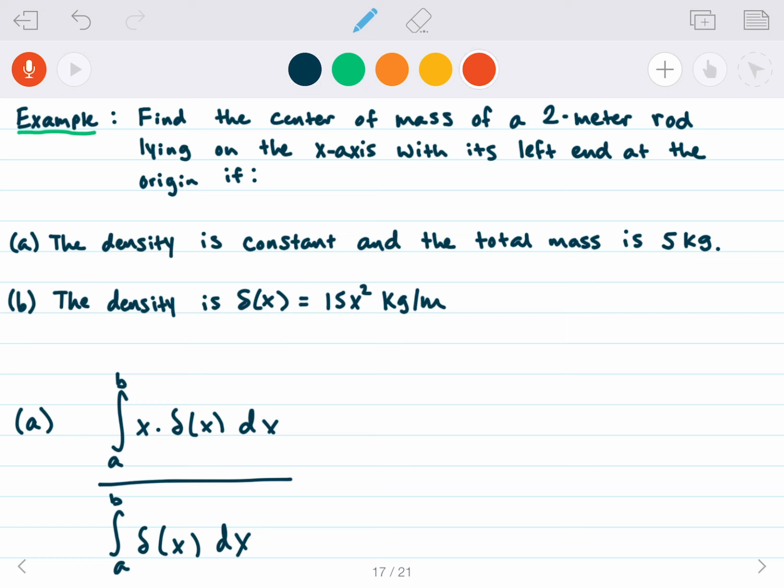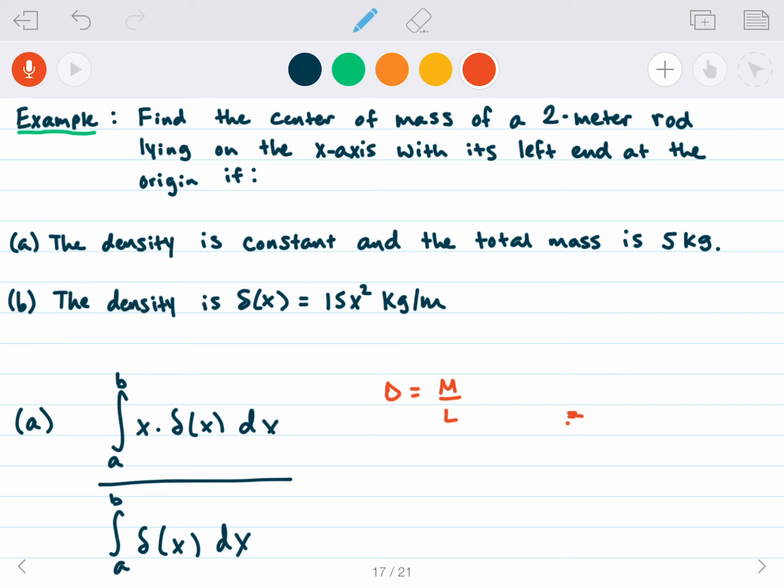Now, we are in the one-dimensional case. We're dealing with a rod lying on the x-axis. So we have this formula, density is equal to mass over length. Okay? So, what is the length in this case of the rod? Well, the length is 2 meters, right? And so L is equal to 2.